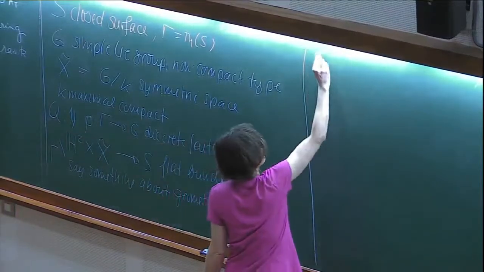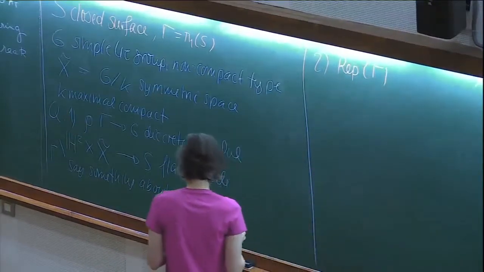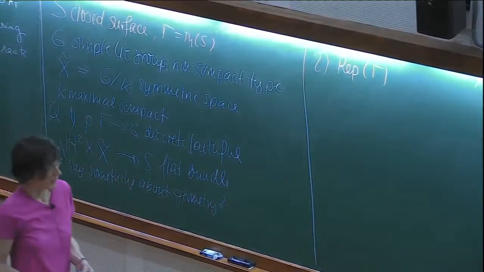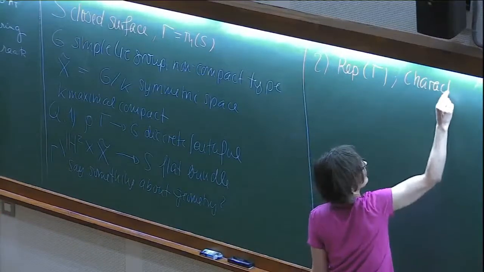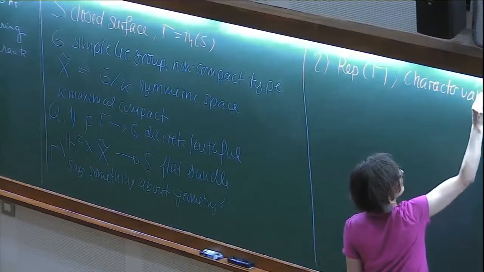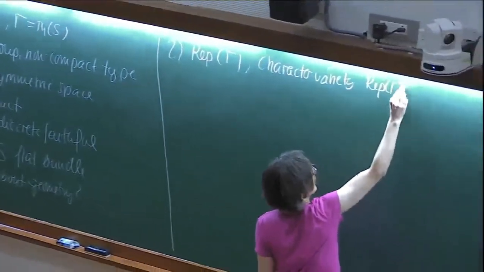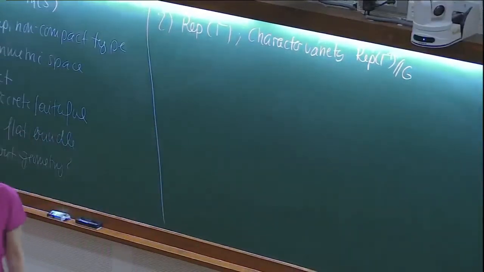Now let me look at the space of representations of gamma into this Lie group. We can form the character variety by quotienting out the representations by the action of G by conjugation. If you look at the geometry of your flat bundle, it doesn't change if you change the representation by conjugation.